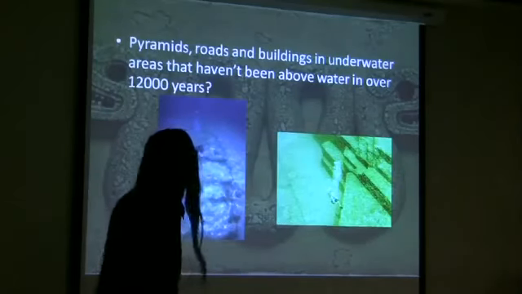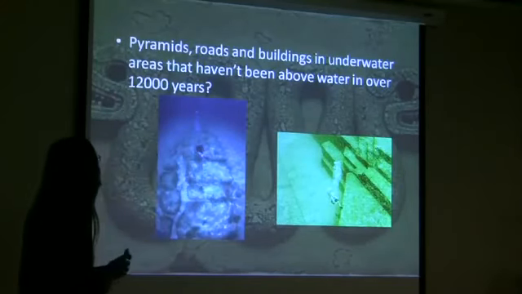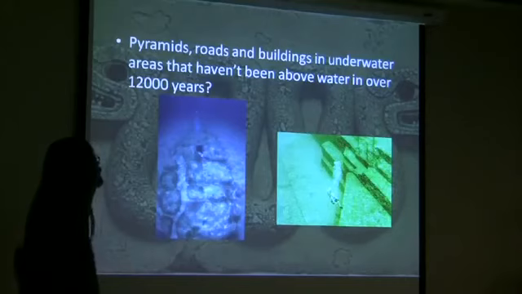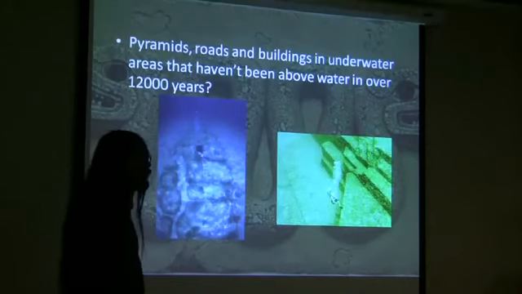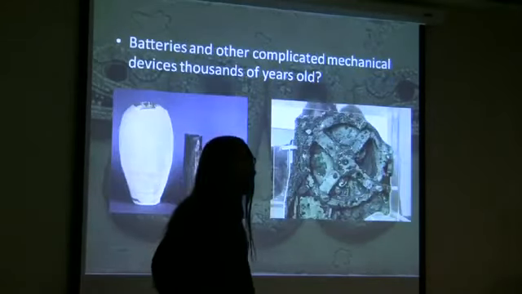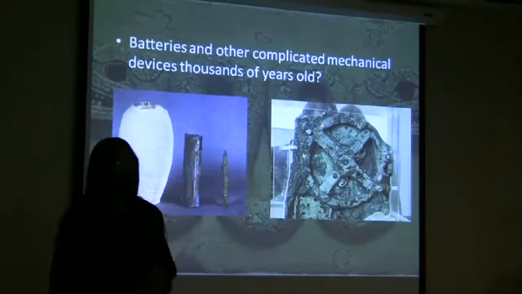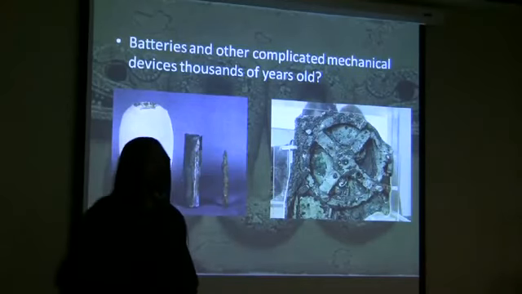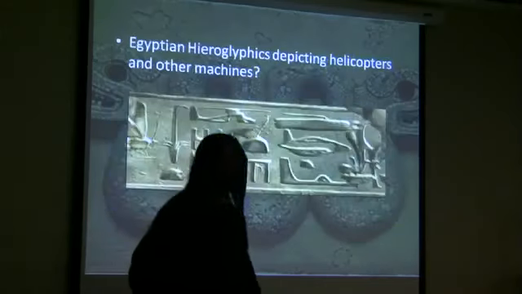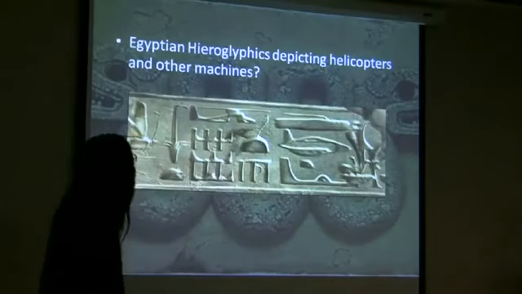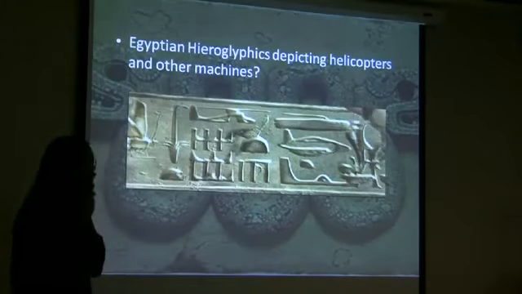Why then does there exist pyramids, roads, and buildings in underwater areas that haven't been above water in over 12,000 years? Why does there exist batteries and other complicated mechanical devices that are thousands of years old?